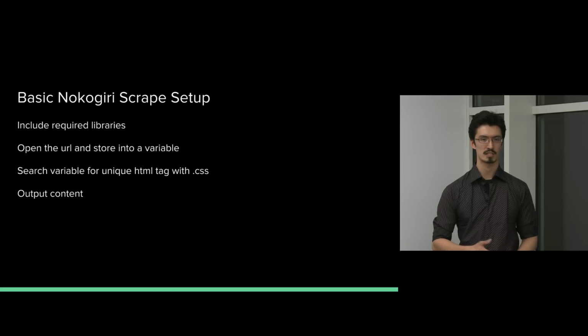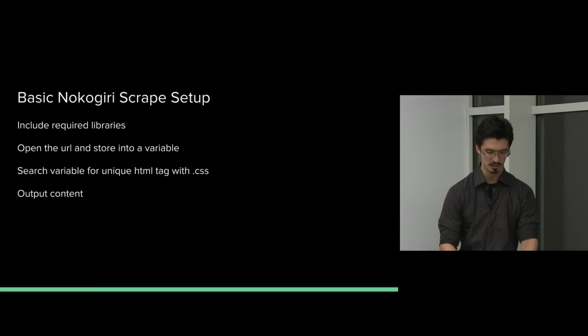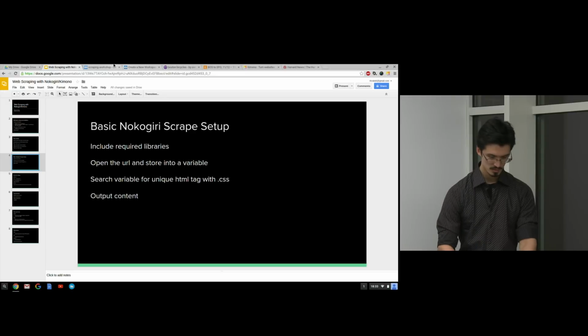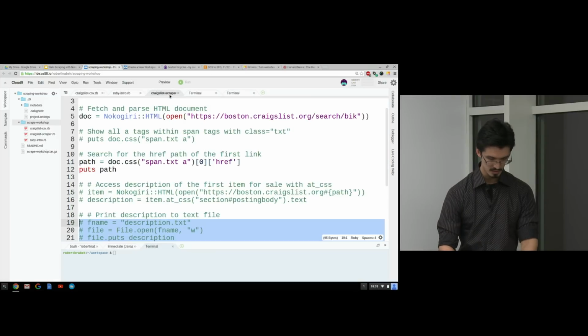So you take the URL of the website in question, you store it in a variable, and then you can search through that variable for unique HTML tags using the .css command. And then you can output the content to wherever you want. You could store it in a database, you could output it in a file, or even just print it to the screen. So we'll show you a basic scraper.